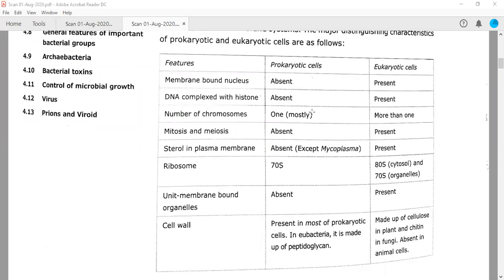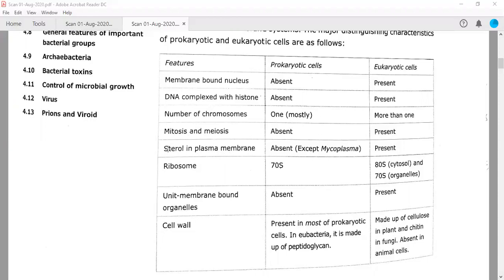Number of chromosomes. Here this is one circular chromosome. But in eukaryotes this is generally more than one chromosome. For example, in case of humans, we have 22 plus XY or XX chromosomes. Mitosis and meiosis are absent from the prokaryotes, but we have both. Normally our different somatic cells undergo mitosis, whereas our germ cells undergo meiosis to give haploid cells.